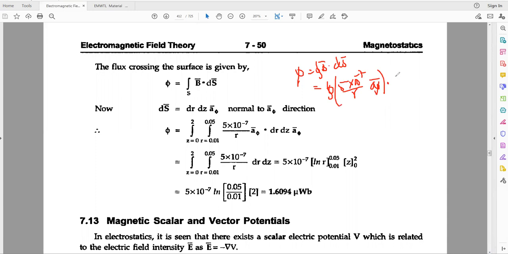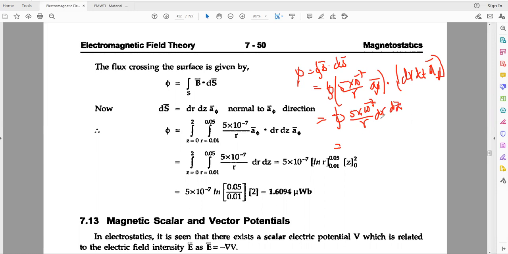Dot ds bar, which you can also take in the phi direction as dr dz into A phi bar. A phi bar dot A phi bar is 1. So 5 into 10 to the power of minus 7 by R dr dz.